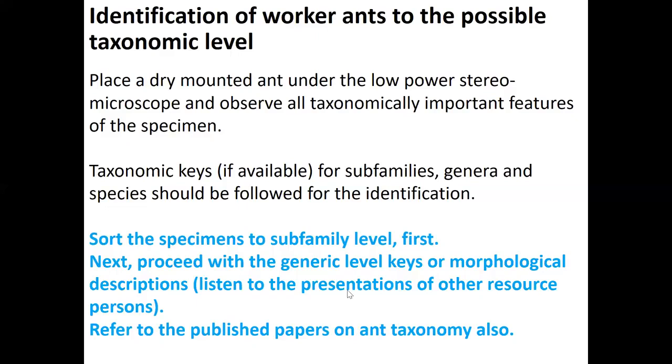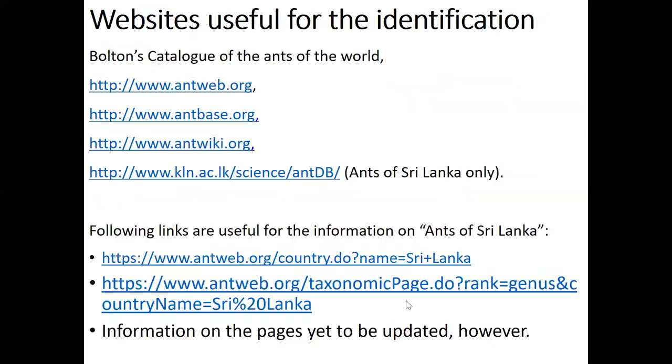So listen to the presentations of other resource persons. You will get more knowledge on this subject. Refer to the published papers on ant taxonomy also. I have not included the books here because in my Regional Center for Asian Ant Research website, there is a reference section.